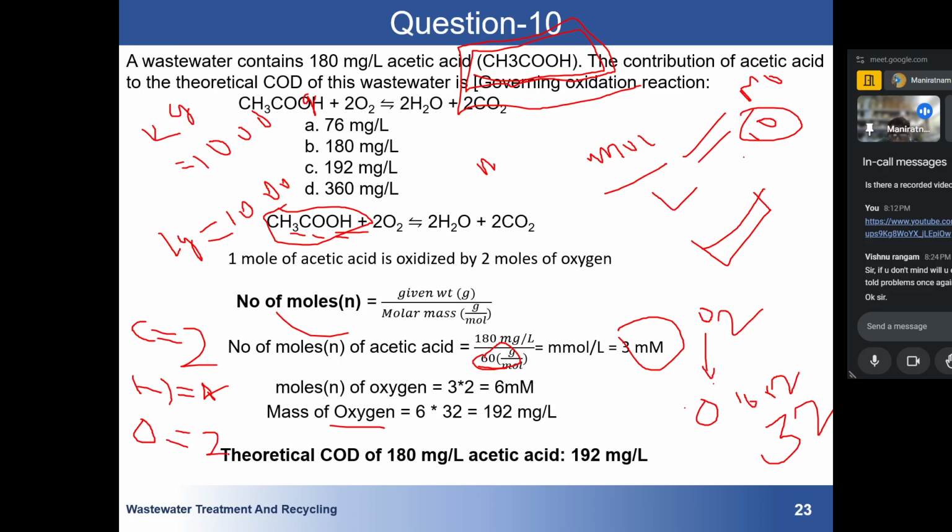Now you know each and every element in your system. What is the molar mass of carbon? It is 12.